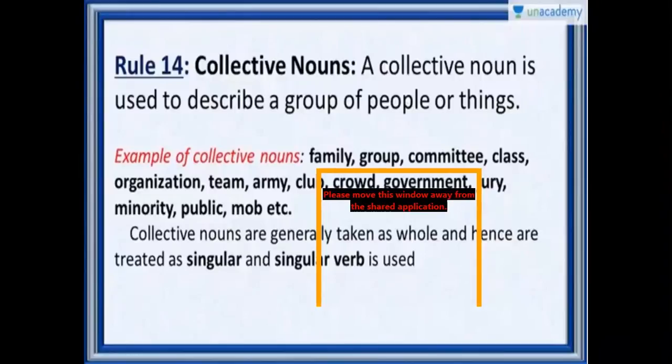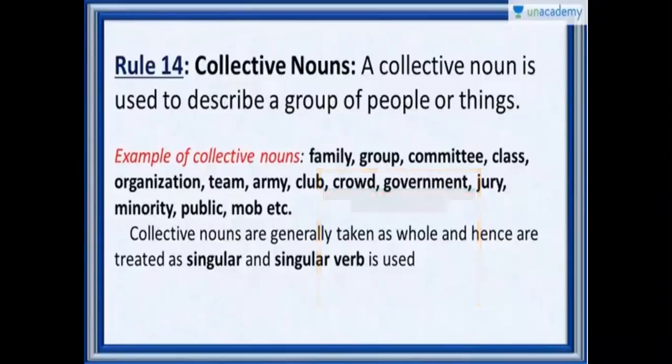A collective noun is used to describe a group of people or things. Crowd is a name given to a group of people. Assembly is the name given to a group of leaders in the hall.